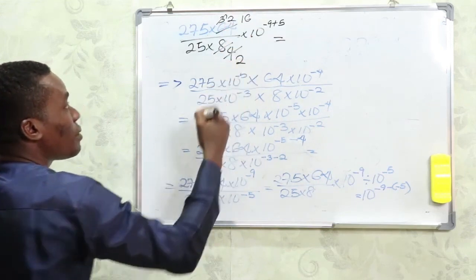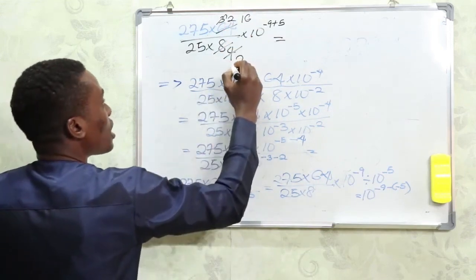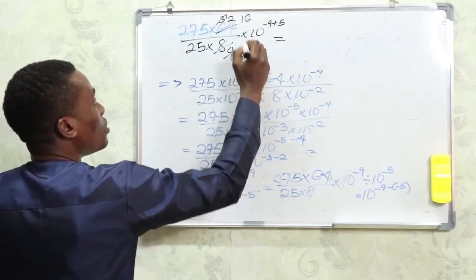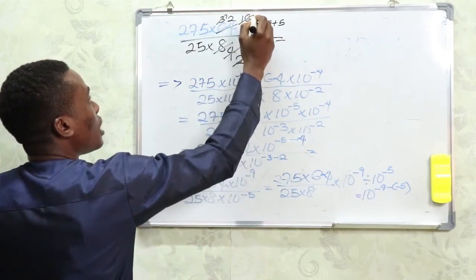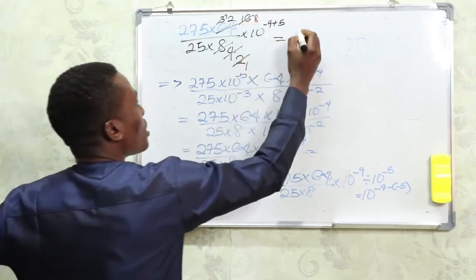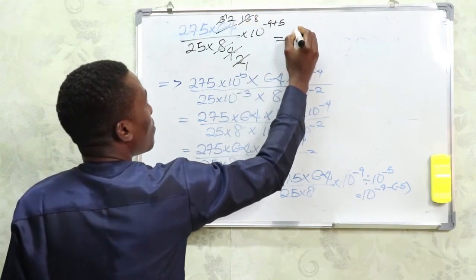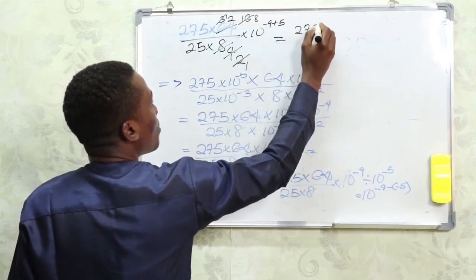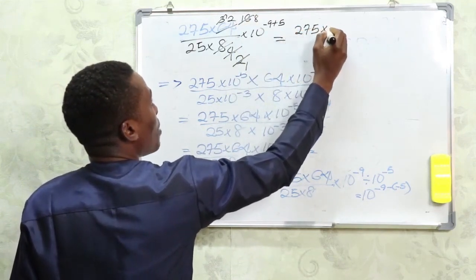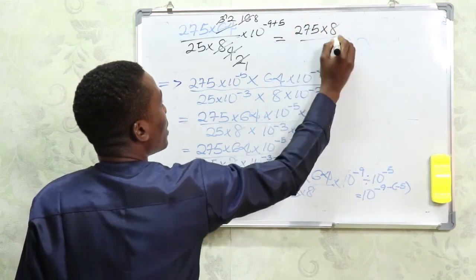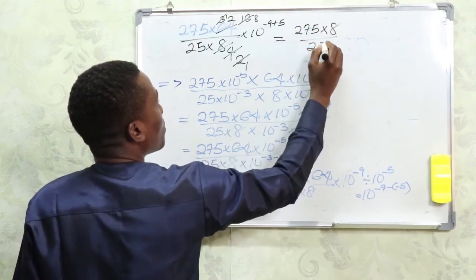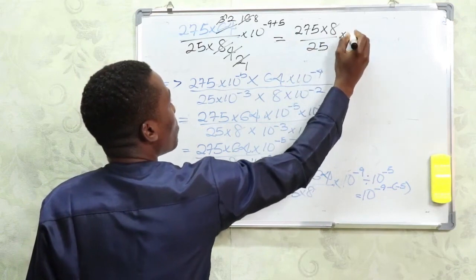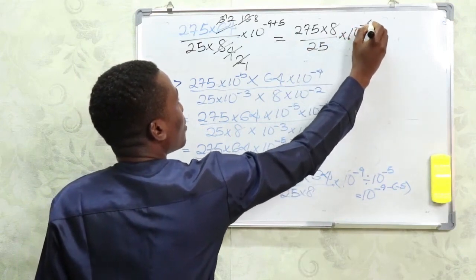This can still divide further, right? A 2 can still go here to give you 1 and a 2 can still go here to give you 8. So if we simplify this further, we are going to have 275 multiplied by 8 divided by 25 multiplied by 10 raised to power minus 4.